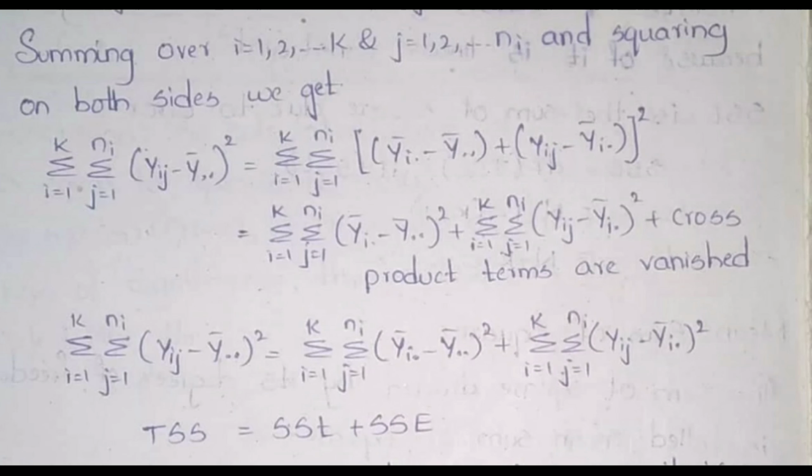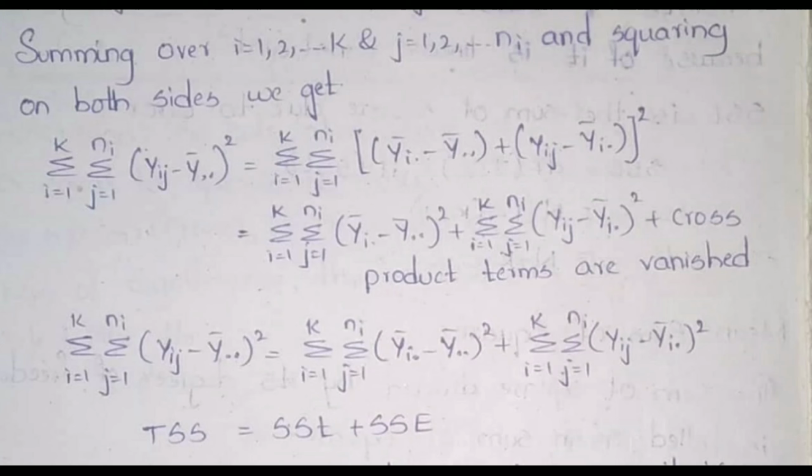Next, summing over i ranges 1 to k and j ranges 1 to ni, and squaring both sides, we get double summation i ranges 1 to k, j ranges 1 to ni, yij minus y bar double dot whole square equals double summation, y bar i dot minus y bar double dot plus yij minus y bar i dot whole square.